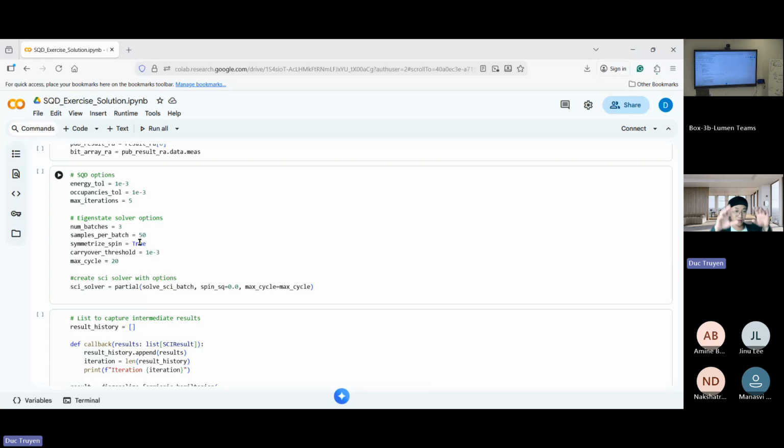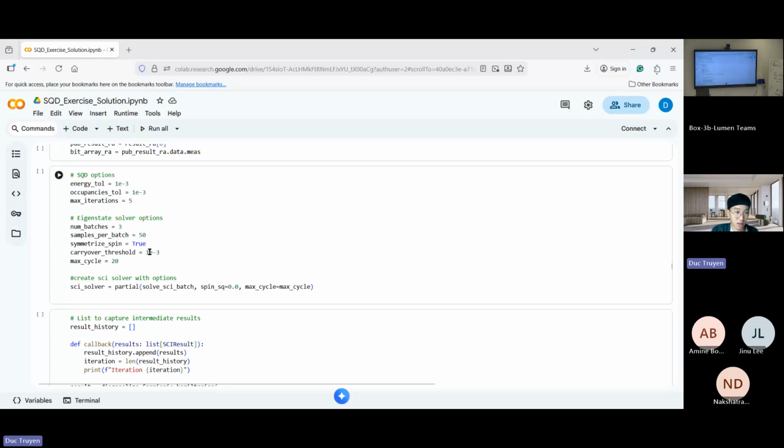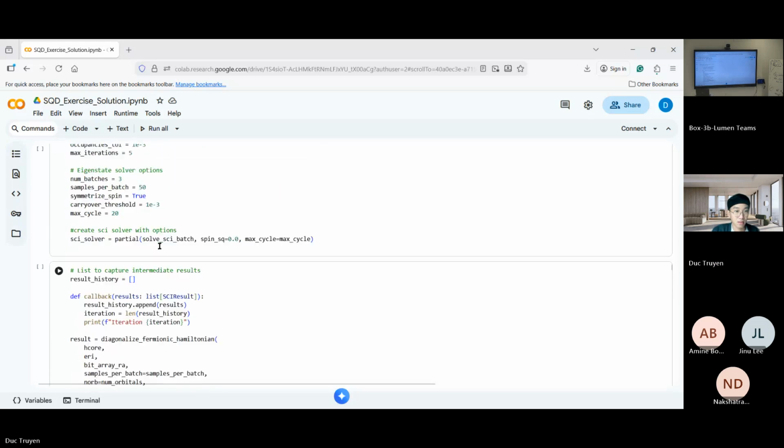From each batch we have some samples, and we project the full Hamiltonian onto the sample configuration, and we get a relatively smaller Hamiltonian. We can use the classical diagonalization method to diagonalize the Hamiltonian. So that's all.